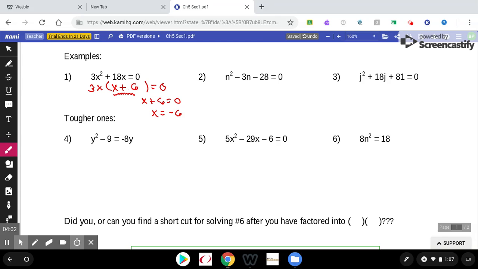The other factor, the GCF, was literally 3x. The directions said to set each factor equal to 0. So I set the x plus 6 equal to 0 separately, and I set the 3x equal to 0 separately. How do you solve this one? You would have to divide by 3, and if you divide 0 by 3, you still get 0.